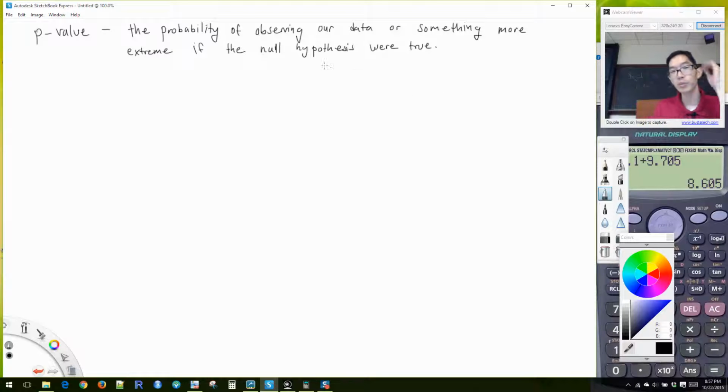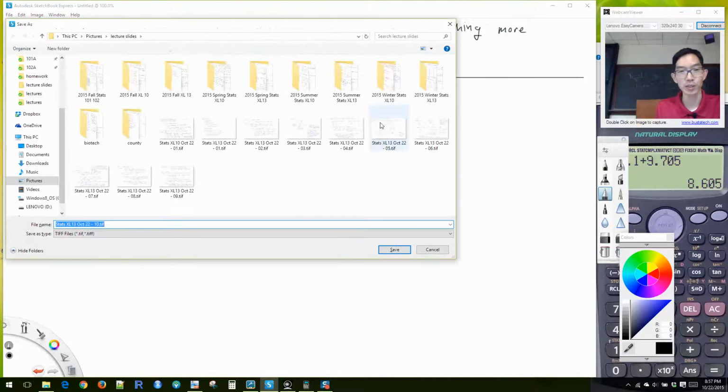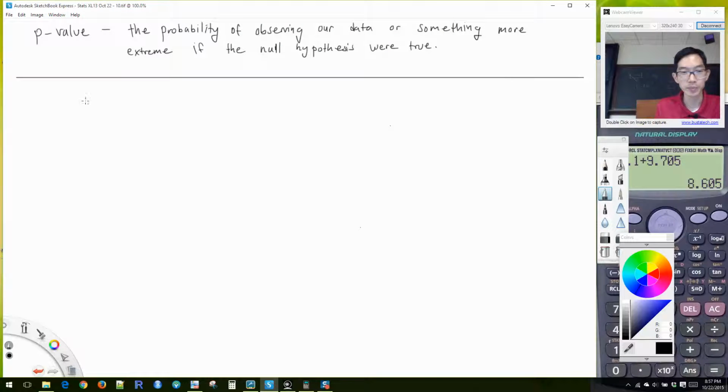So it's the probability of our data. The p-value is the probability of observing our data or something more extreme if the null hypothesis were true. All right, so let's apply this to our coin flip situation here, okay?